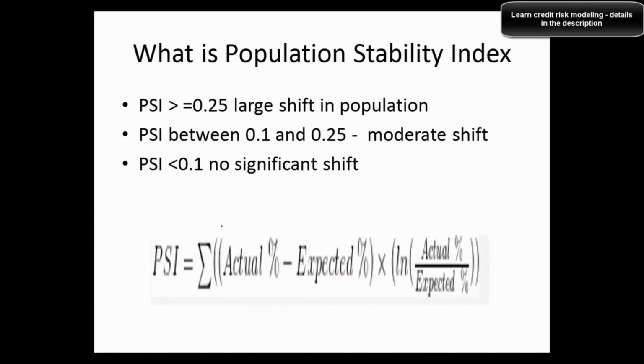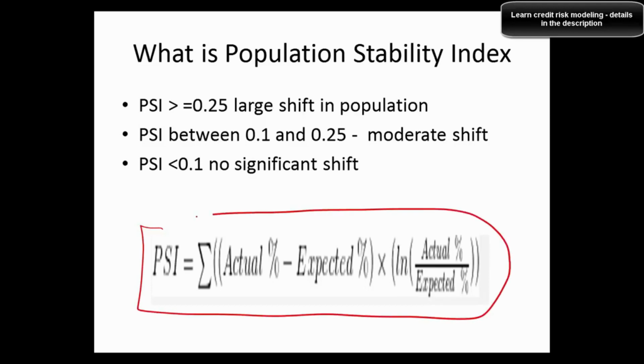We have discussed PSI, but we didn't discuss how it's calculated. The population stability index is an important part of backtesting in credit risk modeling. So how do you calculate it? This is the formula. What you basically do is convert the population data for the current period and the development period, or it could be any two periods, and then you create deciles.